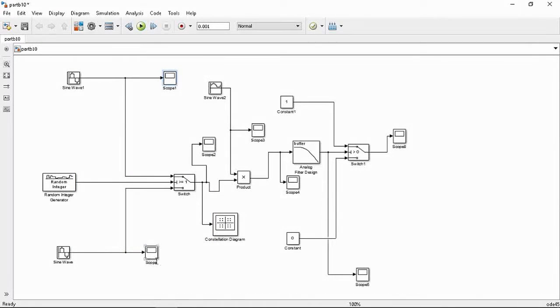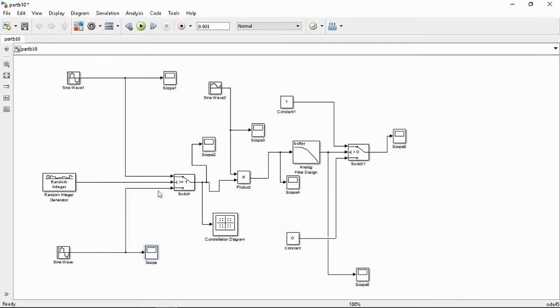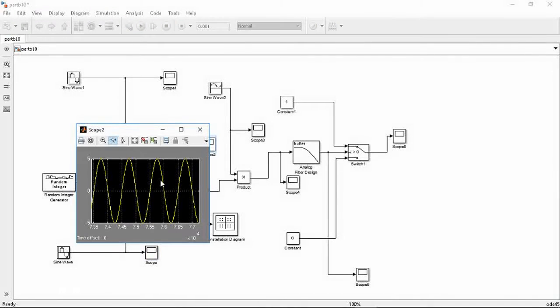And this is also a sine waveform signal. From these two sine wave signals, it goes to the switch combined with the random integer generator, which produces the sine wave signal form.